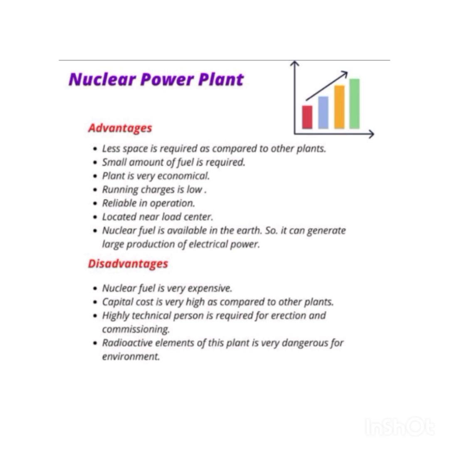We know every coin has two faces. Likewise, here are some disadvantages of nuclear fission. Nuclear fuel is very expensive. Capital cost is very high as compared to other plants. Highly technical persons are required for erection and commissioning, meaning manpower is required.